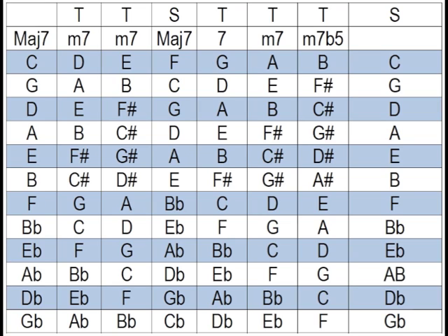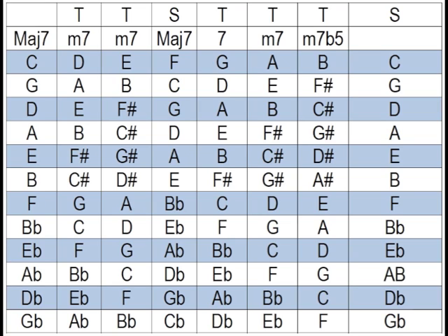Now, the columns you have going down are the chord types. So if you look in the second row there, you see Maj7, that's major 7, and then you have a lowercase m7, that's minor 7. So going across, you have major 7, minor 7, minor 7, major 7, 7, or 7th, or some people call it the dominant 7th, and then you have minor 7 and minor 7 flat 5.